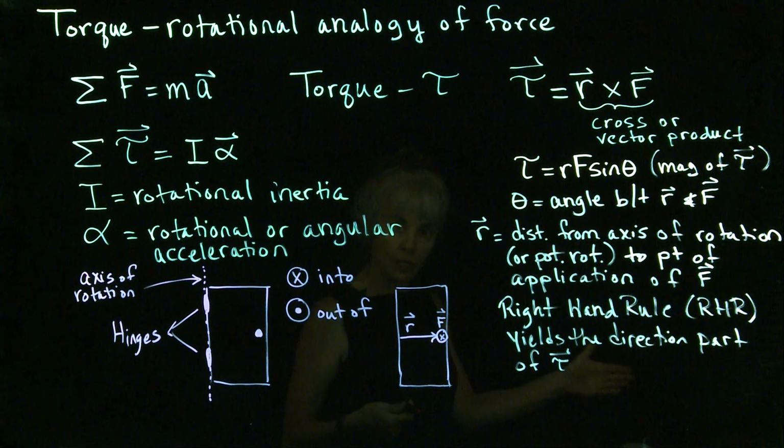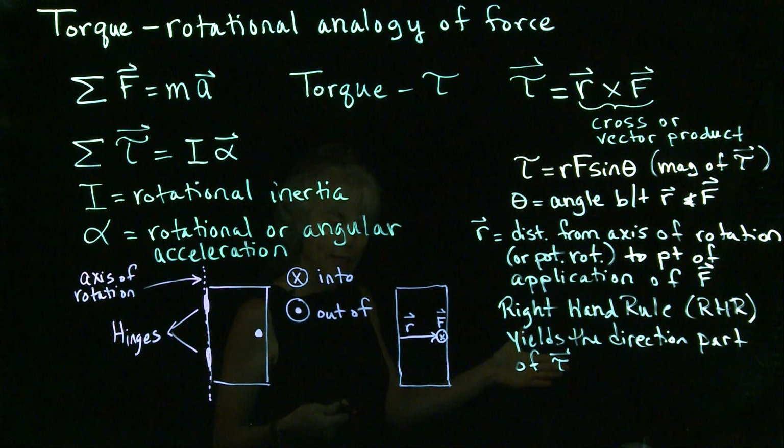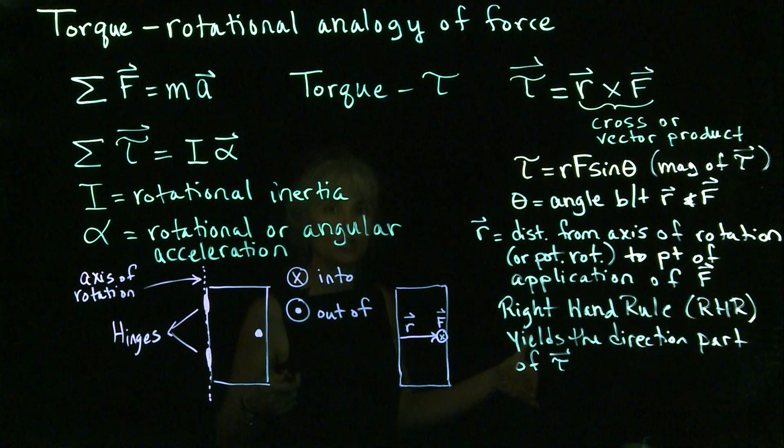So I can flip my fingers into the board as you see there. So now I've got my right hand pointing to the right, my fingers now flipping into the direction of the second vector. Then when I extend my thumb, that gives me the direction of the resultant vector, which in this case is the torque. So the torque is straight up.